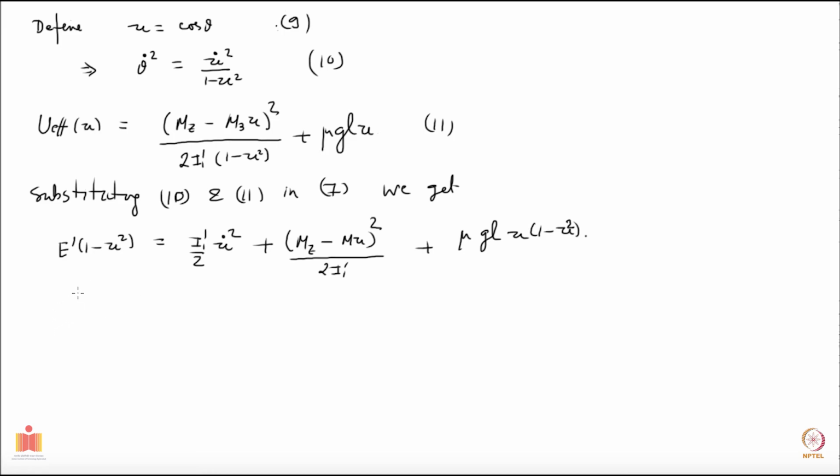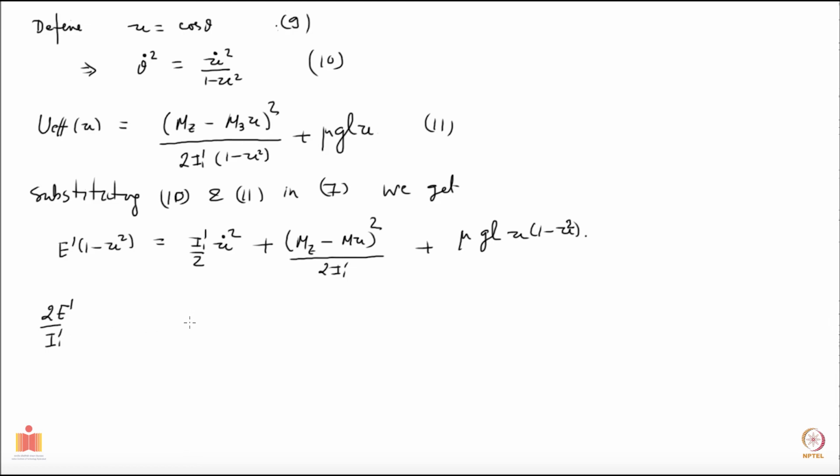So you see, this E prime will carry a factor with it, 2 over I1 prime, because when you divide it becomes 2 E1 prime over I1 prime.